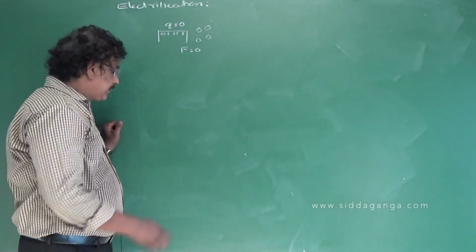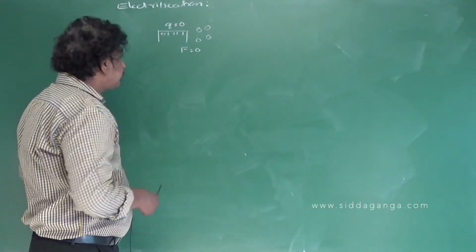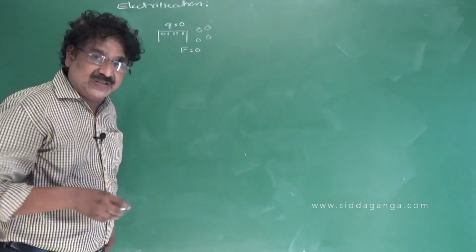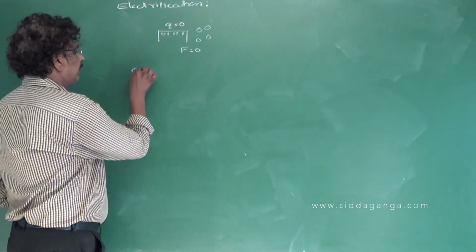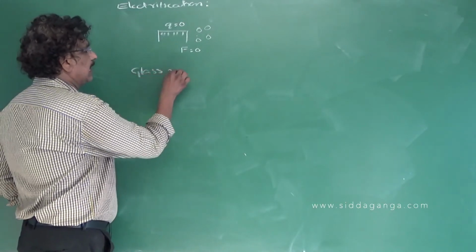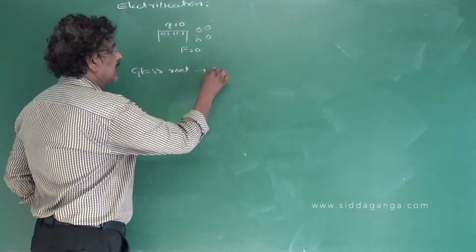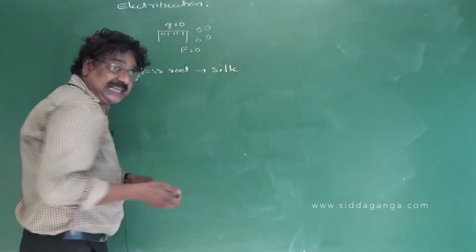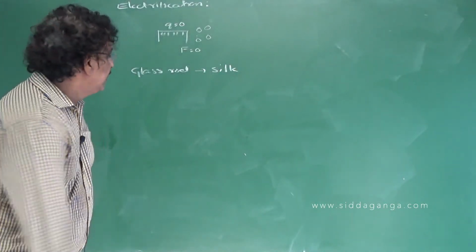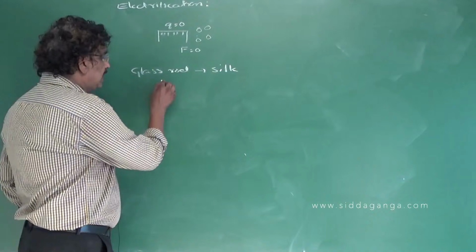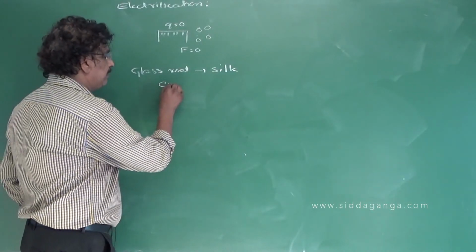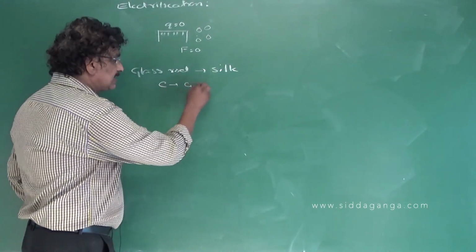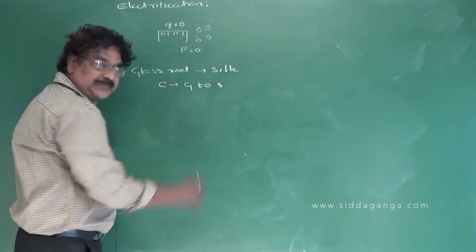In a similar way, when we take that glass rod and rub it against silk, the electrons flow from the glass rod to silk.